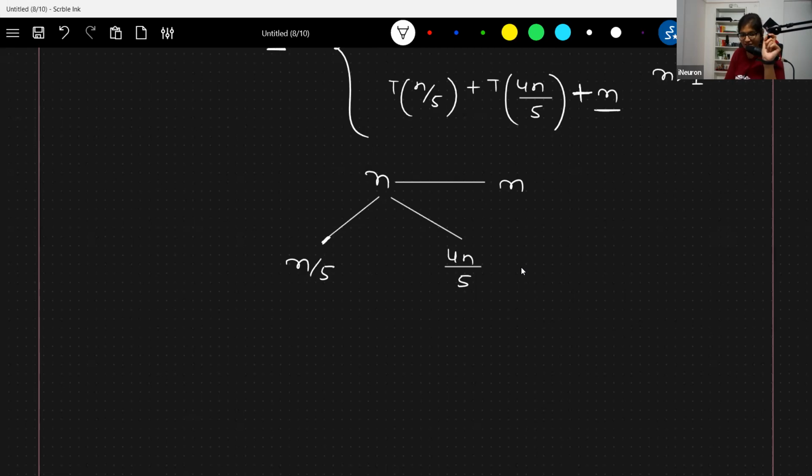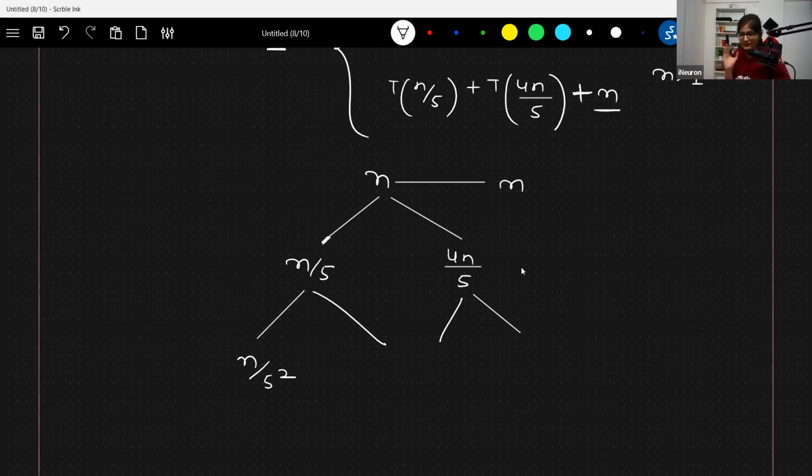Now again, the split will happen. Who will tell me what the value will be on the left side? N by 5 to the power 2, can I say? One thing you need to understand here is that it's very simple. Please pay attention.